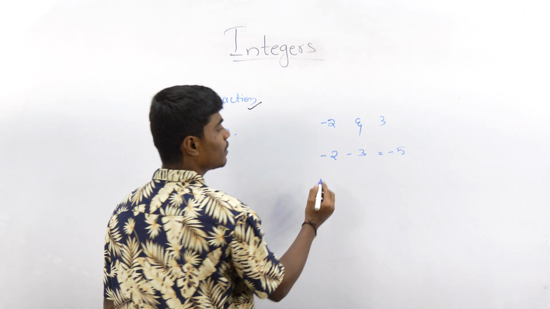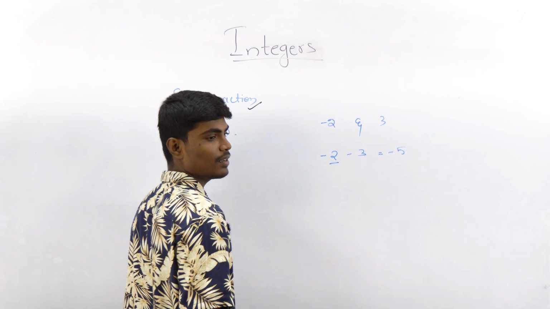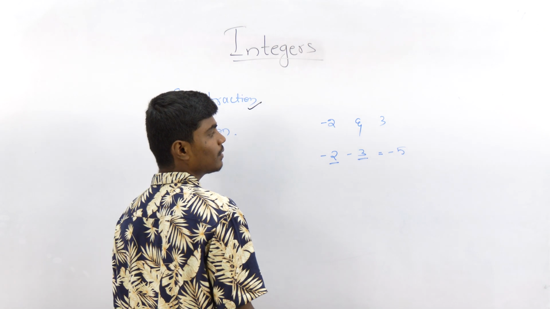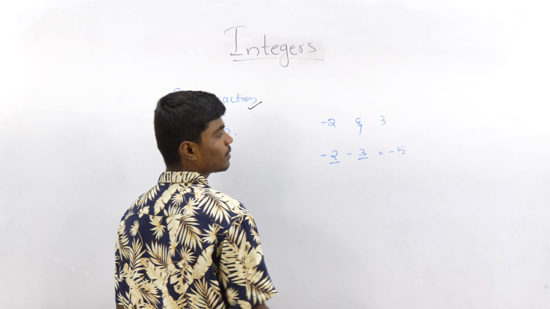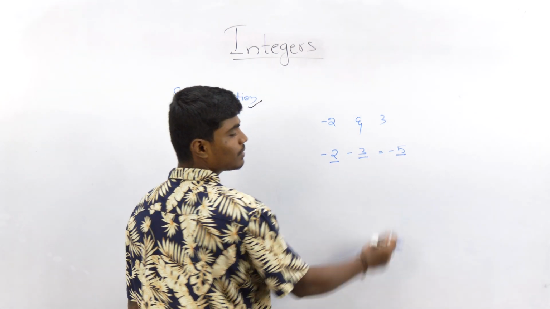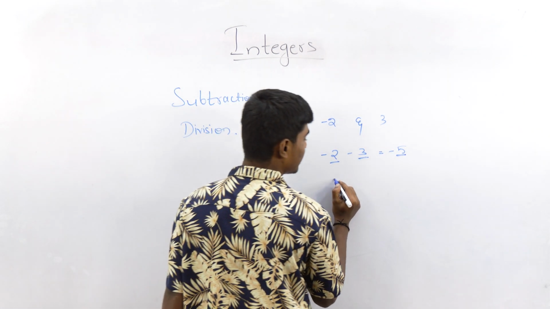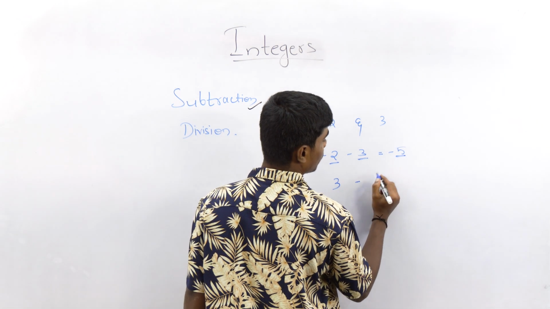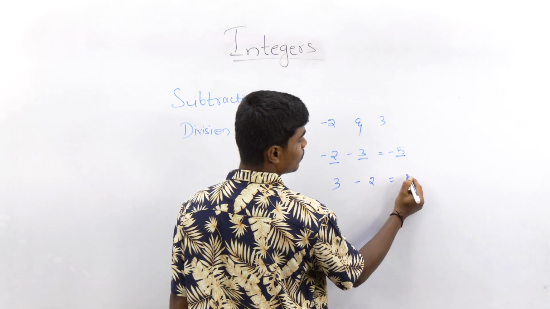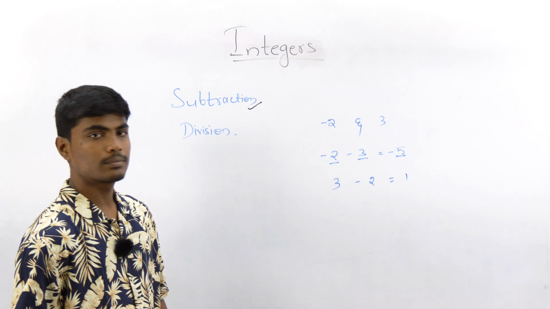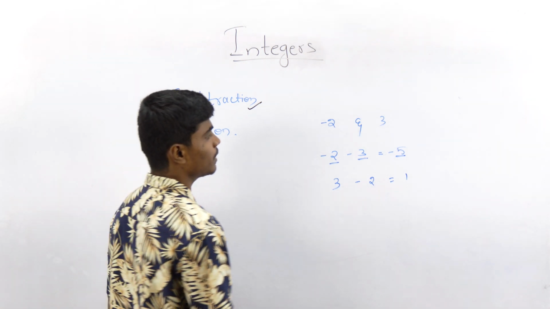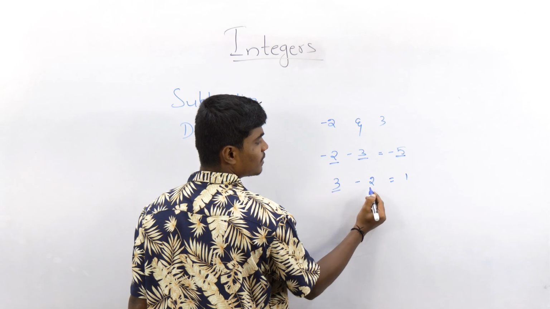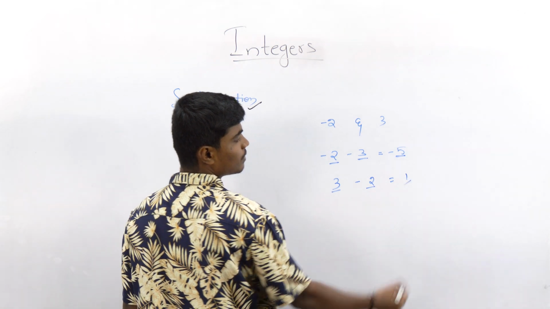Okay, see here, -2 is an integer, 3 is also an integer, and -5 is also an integer. Now let's take 3 minus 2 is equal to 1. 3 is an integer, 2 is an integer, and 1 is also an integer.